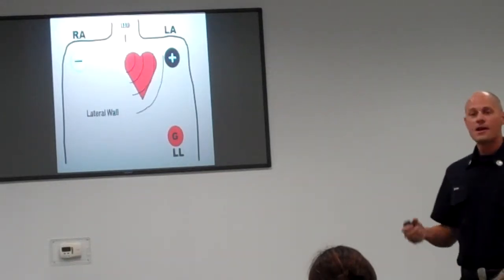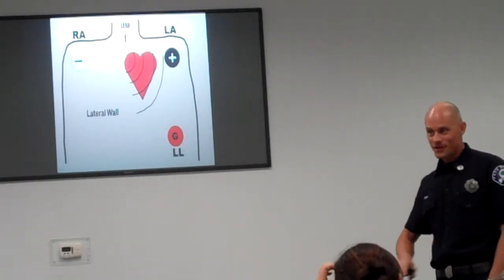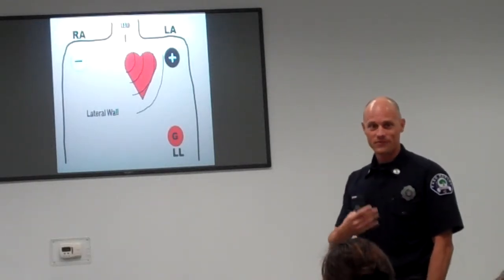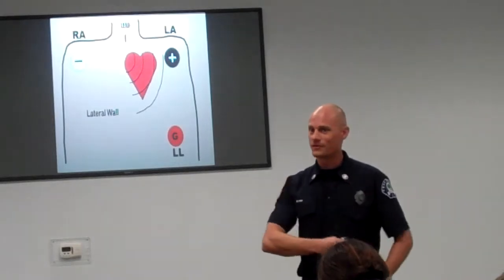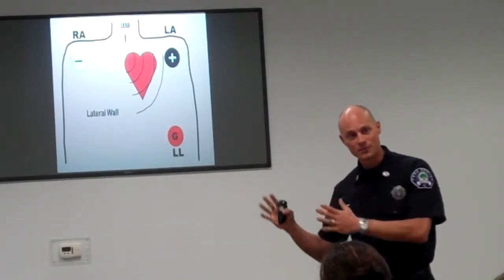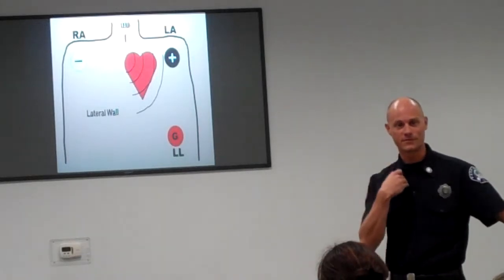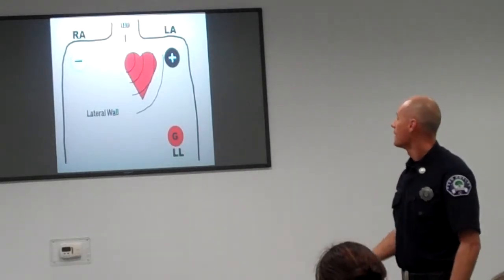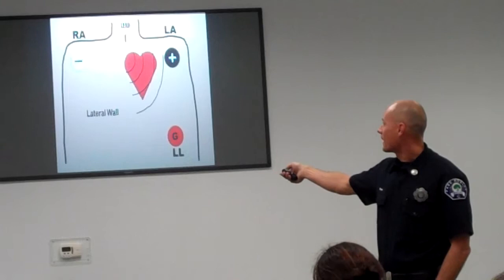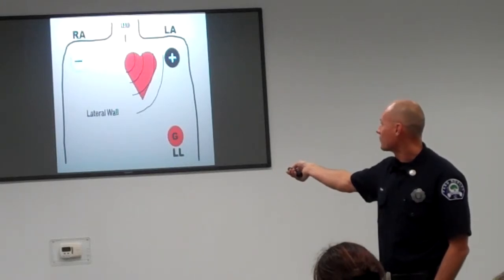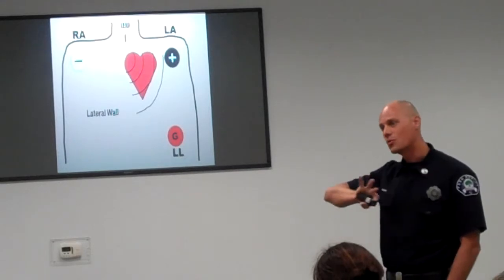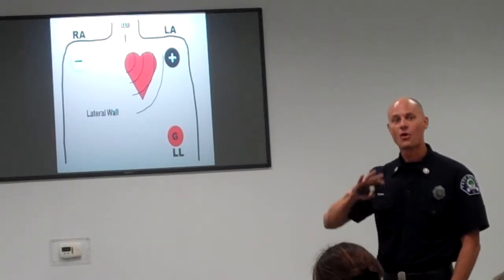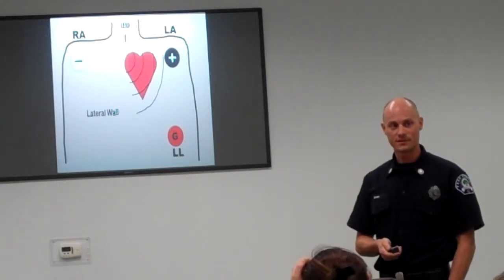Doesn't really matter. I'm assuming you all have a really solid grasp of the cardiac electrical physiology, so we're not going to talk about the SA node, AV node, bundle branches. We're just going to simply say the electrical impulse moves from the top to the bottom. So we are looking at the electrical impulse moving through the heart this way, and when the electrical impulse moves towards the positive lead, you're always going to have a positive deflection.